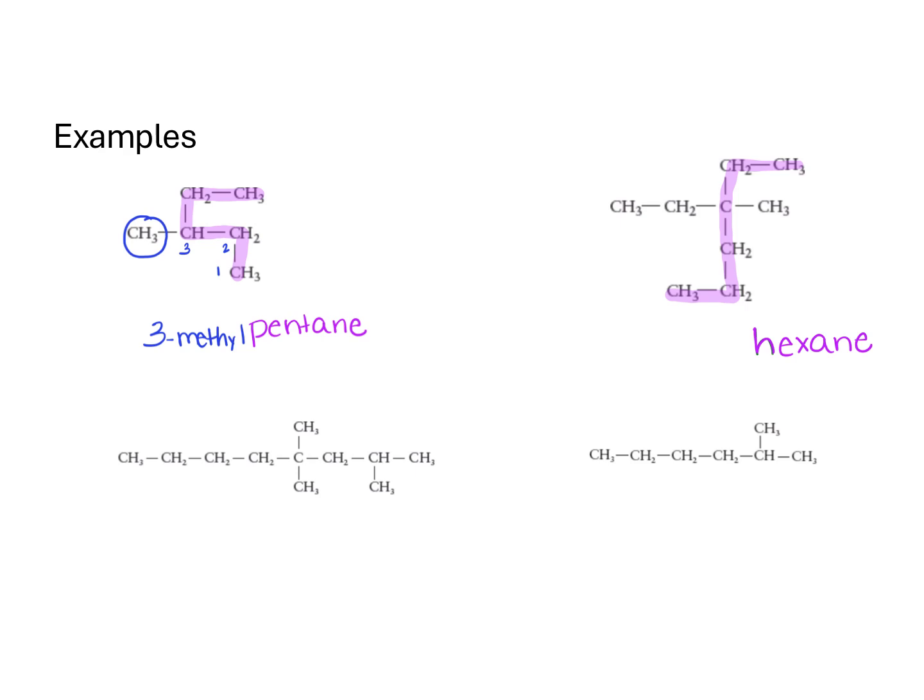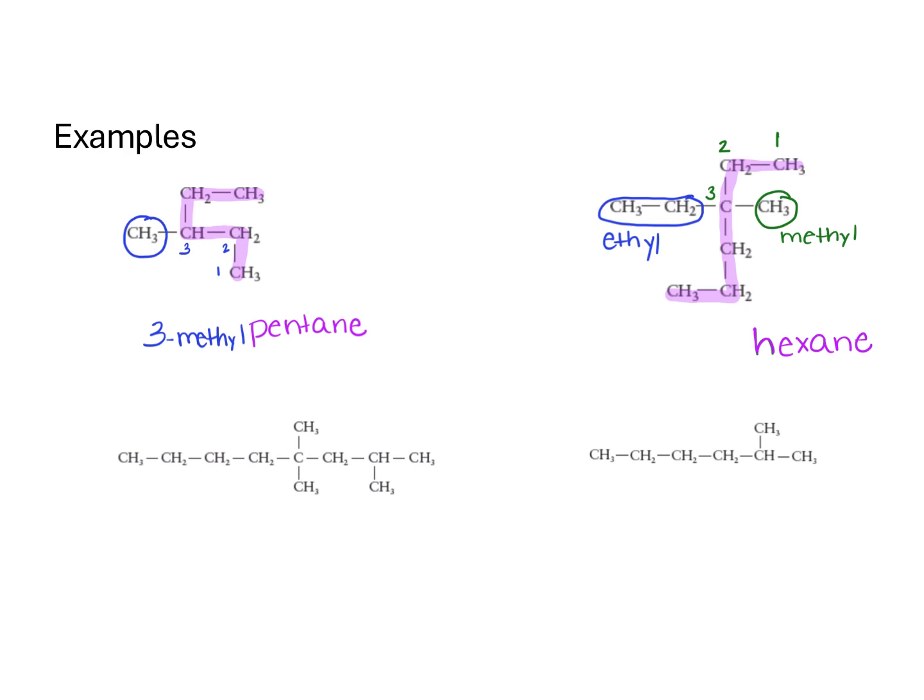Now we need to look at our 2 substituents. So we have a substituent here with 2 carbons that gives us the prefix eth, and so that substituent would be ethyl. And then we look here, right, and that's our methyl substituent again. When we look at this and we count from the side closest to those substituents, 1, 2, 3, both of those are in the 3rd position.